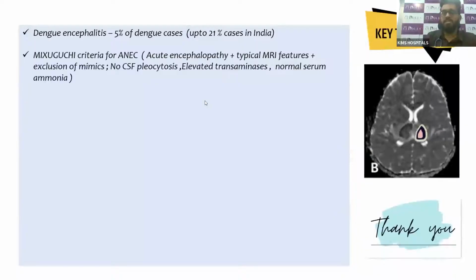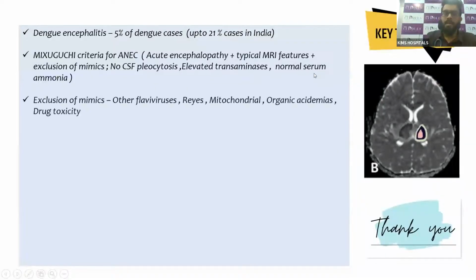It says that you have acute encephalopathy, typical MRI features, and exclusion of mimics like mitochondrial cytopathy, flaviviruses, and other organic acidemias which have bilateral thalamic involvement. There shouldn't be any pleocytosis. There should be elevated transaminases and normal serum ammonia. This is the Mitsubishi criteria of ANE. And for exclusion of mimics, I was talking about other flaviviruses, mitochondrial disorders, organic acidemias, and drug toxicity.